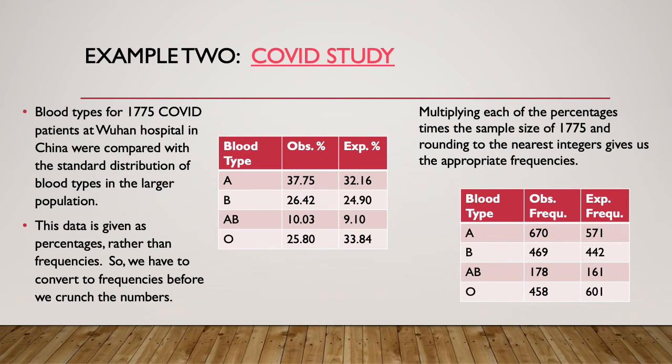Out of the 1,775, 1,670 of them were type A, 469 were type B, etc. Okay, so it's this frequency table that we're going to have to use to conduct our hypothesis test.